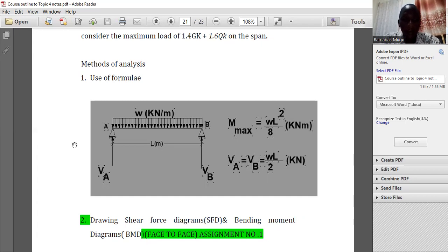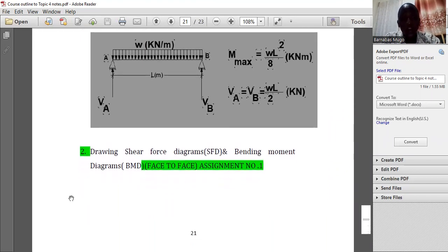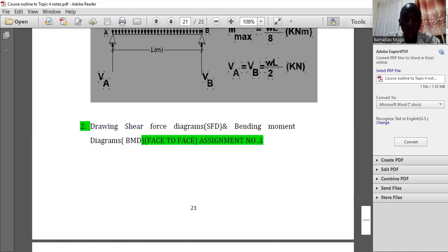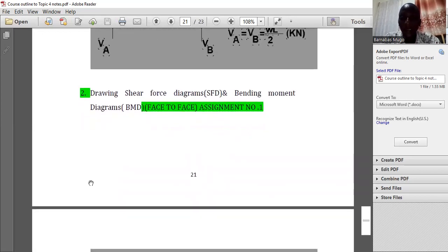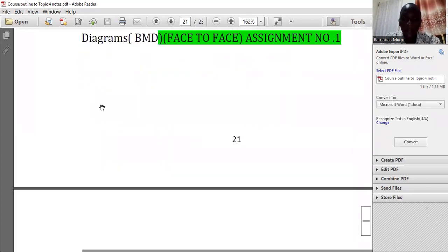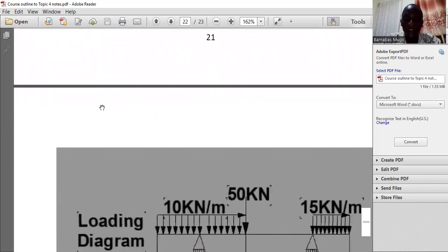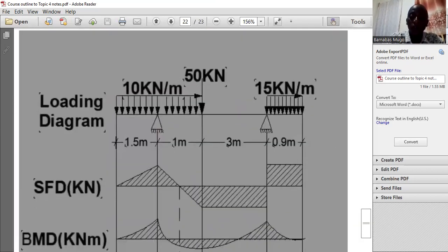Then, after you have calculated the moment, you need to be able to draw the shear force diagram and the bending moment diagram, as we did in structural mechanics 1 and structural mechanics 2.